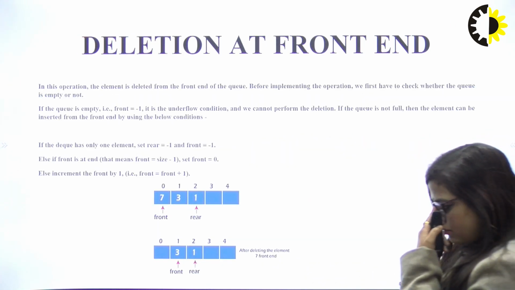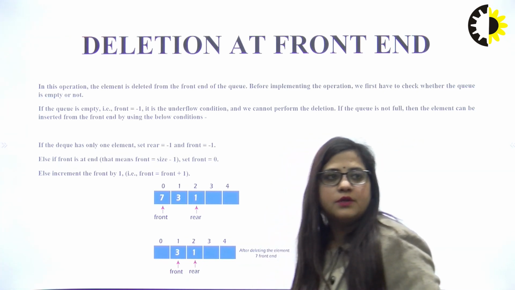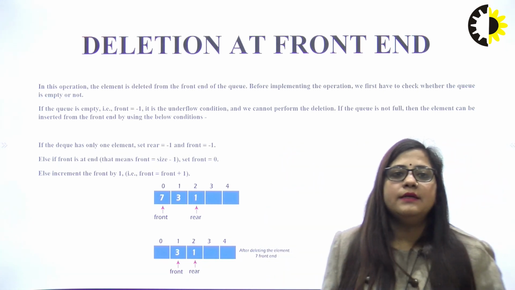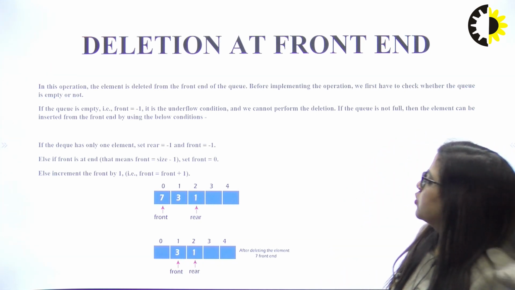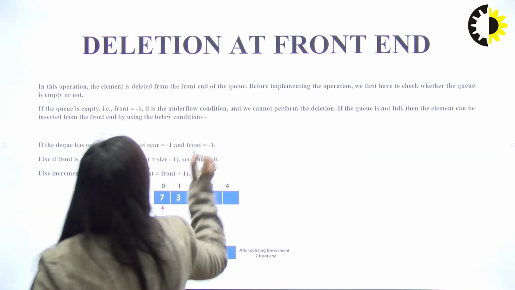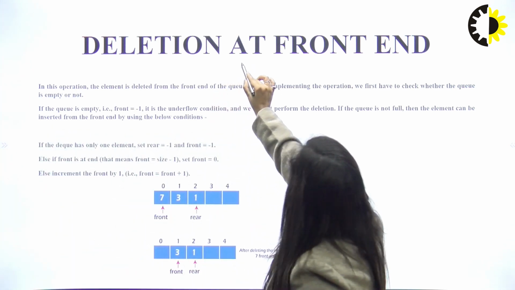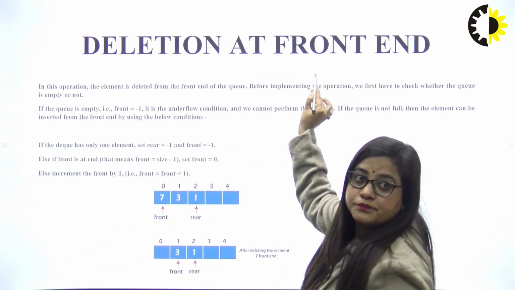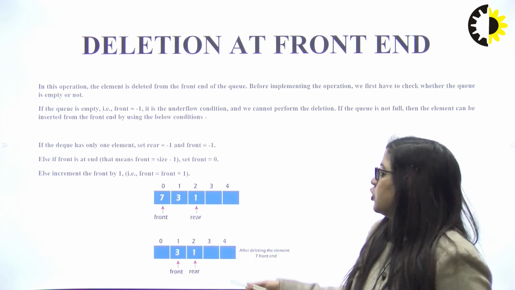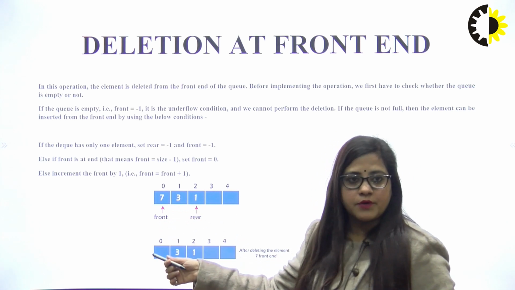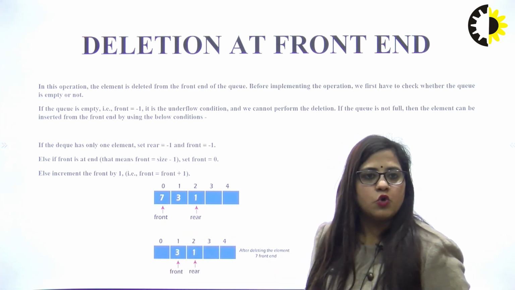Now the third operation is you want to delete any number from the given Q. So you want to delete at the front end. If you want to delete 7, then you can easily delete it, no change.